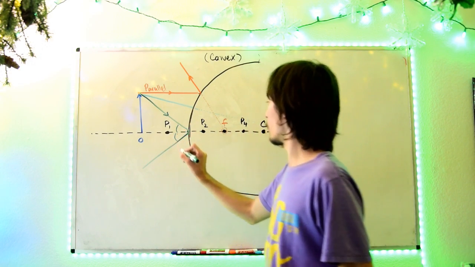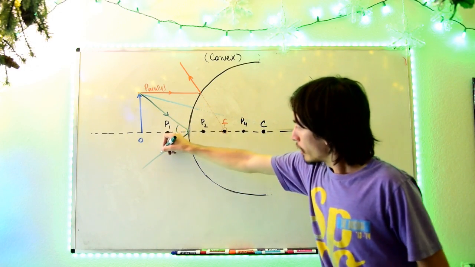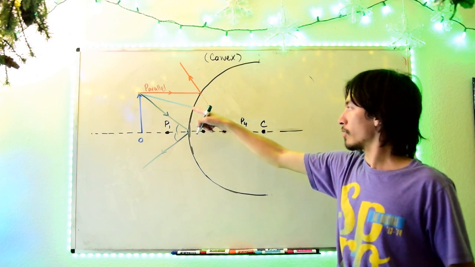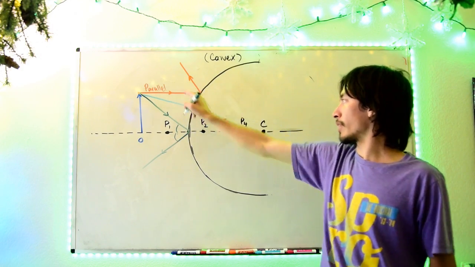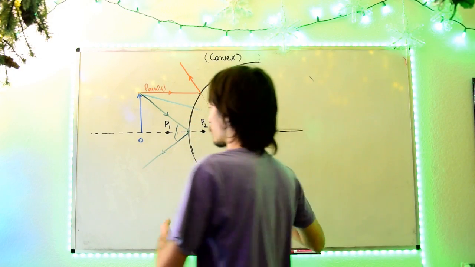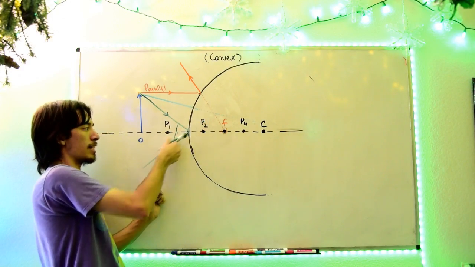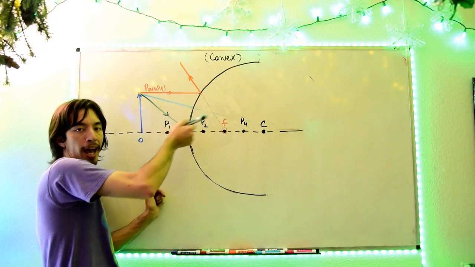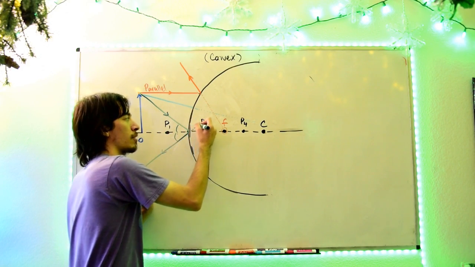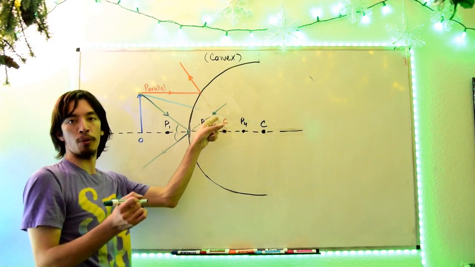Now, if you do it with a little bit of care, because this ray doesn't intersect with any of the other rays, just like this one didn't intersect with that one, you have to trace it back where it appears to come from. So if you're on the left side and you're looking into the mirror, you see this light ray coming out at you. So you can trace back where it appears to come from, and notice how it crosses at the same point there.